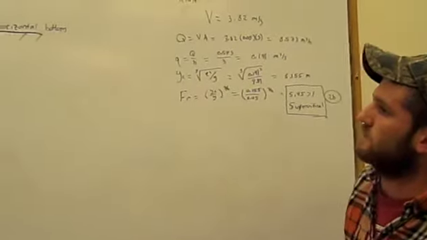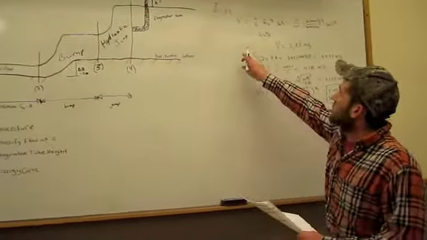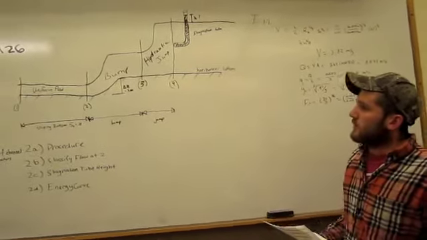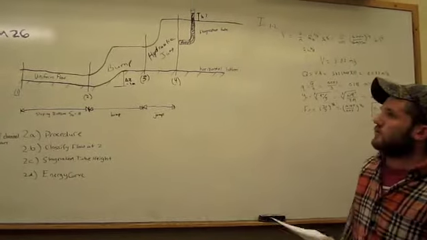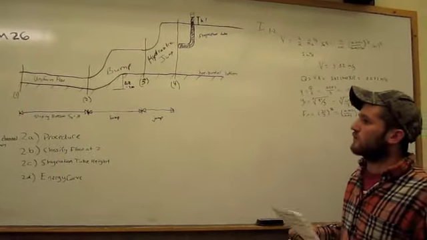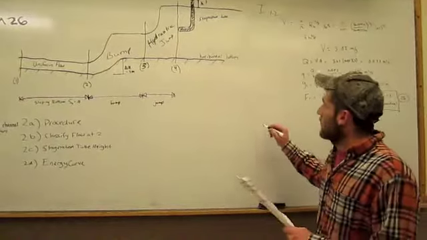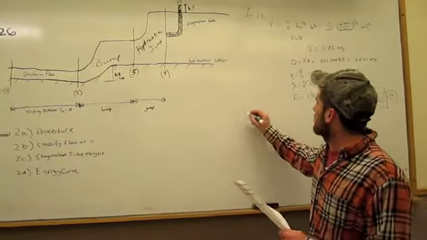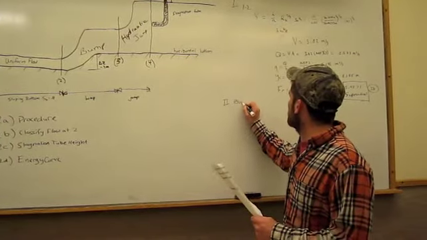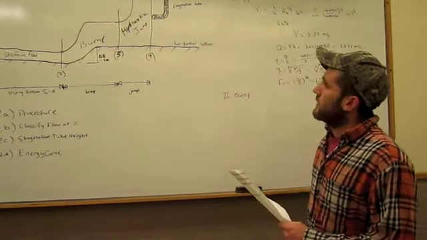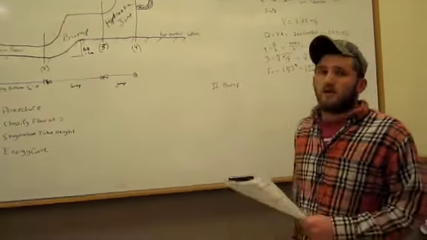Continuing on, since we know points 1 and 2 are equal, the depth at 1 is equal to depth at 2. The V and Q at 1 are both equal to the V and Q at 2. We can then go to the section Roman numeral 2 we have here, which is solving for a bump, in which we'll take the energy balance equation.